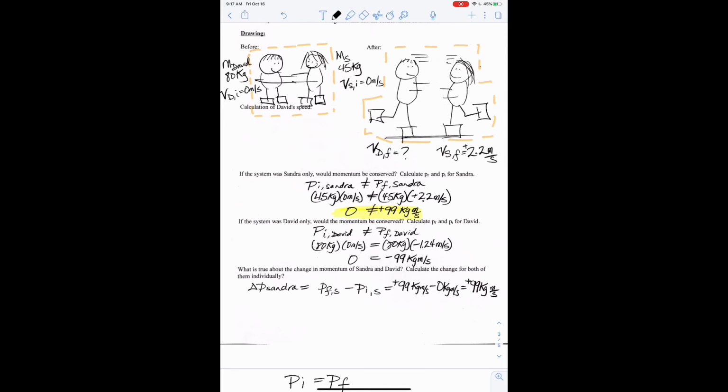And then we can say change in momentum for David is going to equal PF David minus PI David, which is equal to negative 99. You can see it's going the same route as before, minus 0.